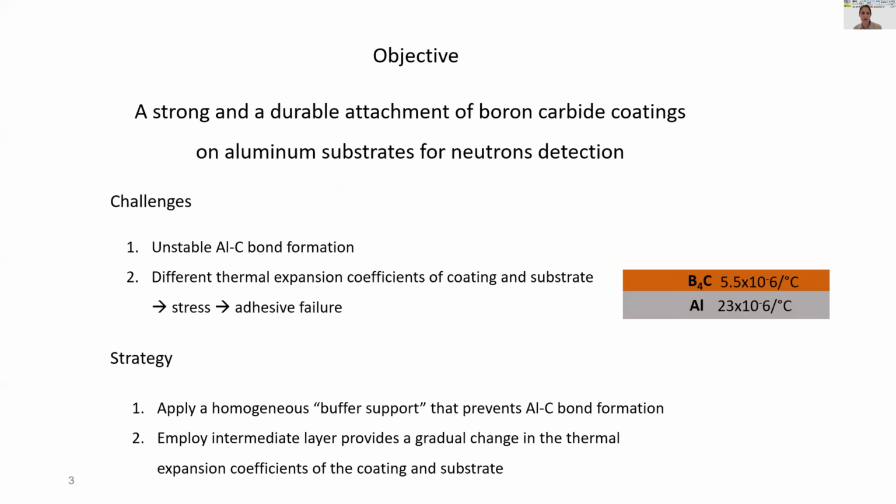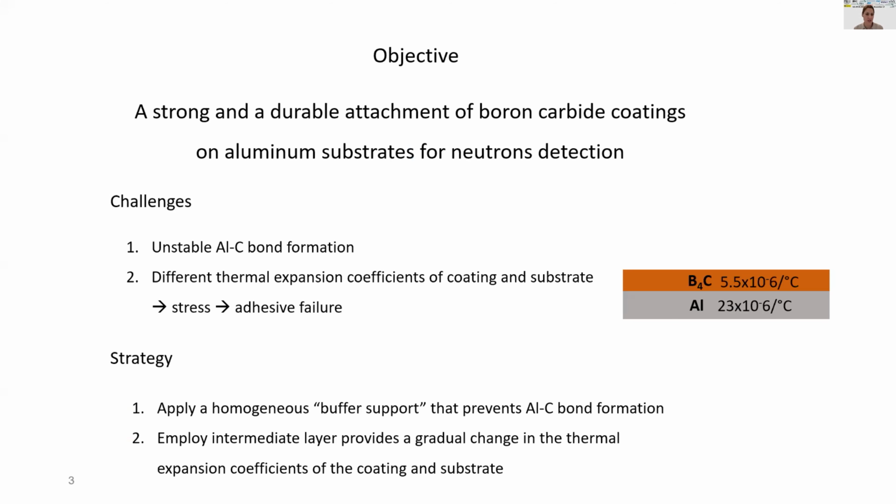So our goal is a strong and durable attachment of boron carbide coatings on an aluminum substrate for neutron detection. Boron carbide and aluminum are two dissimilar materials, and therefore it is a highly challenging task.